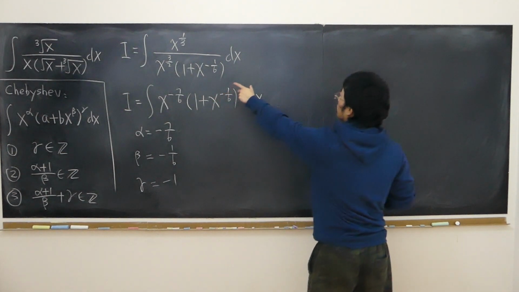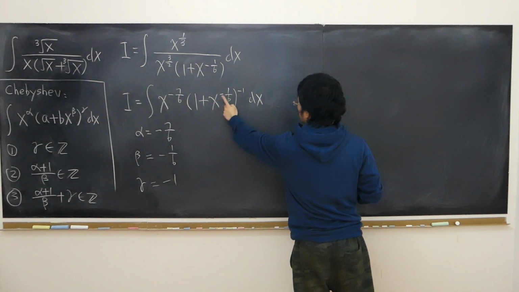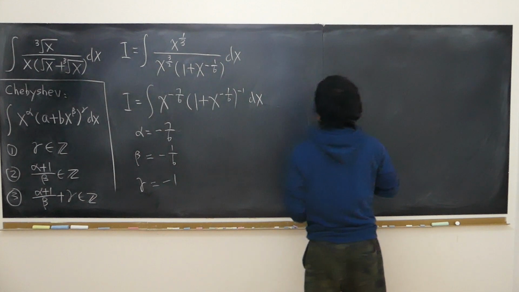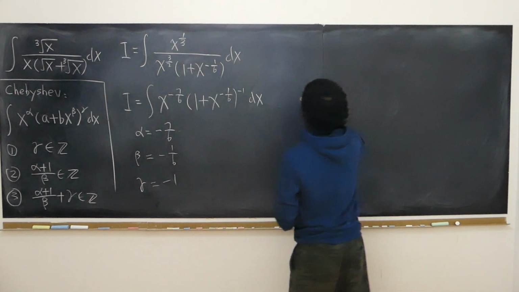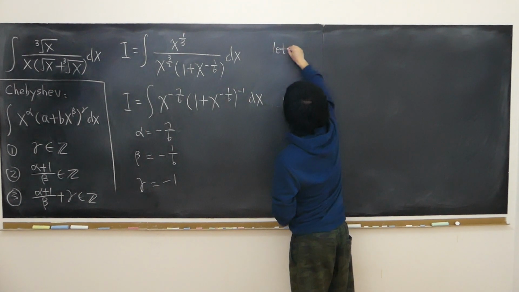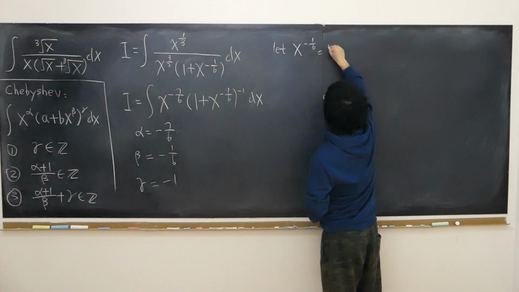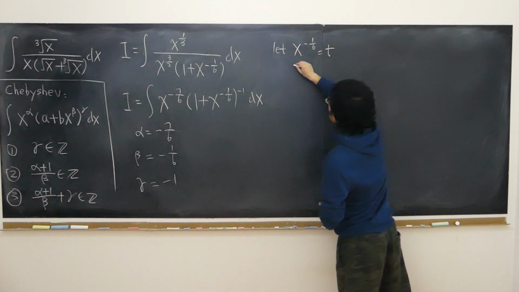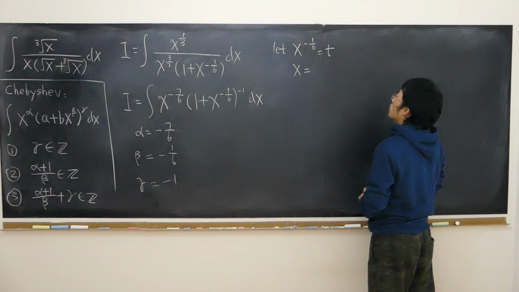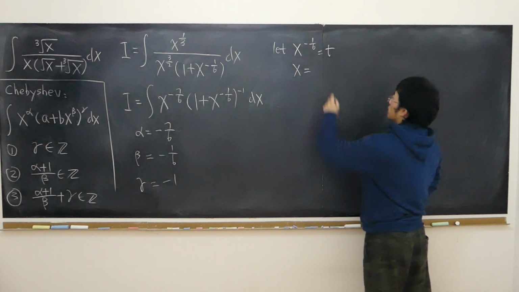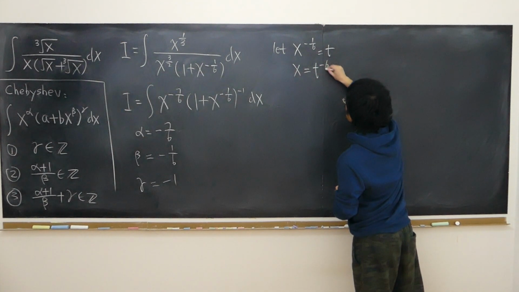Okay, just like the old method, I'm going to let this term equal t, just so we can simplify everything. So I'm going to let x to the minus 1 over 6 equal t. Then x equals, raising both sides to the power of minus 6 to cancel out this exponent, t to the minus 6.